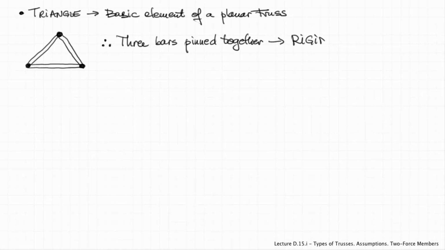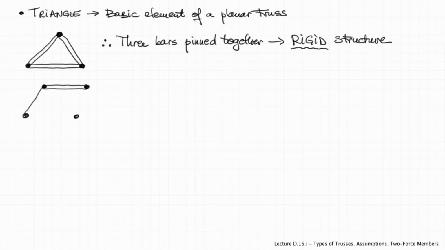Well, that constitutes a rigid structure. A triangular figure is rigid, even if the members are pinned at the ends. They create a rigid figure.